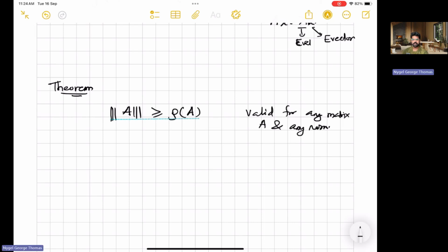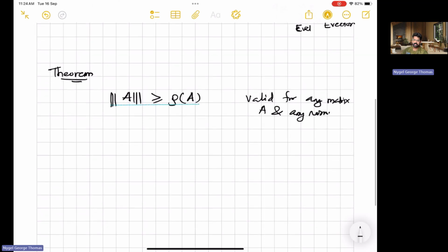Note that these are square matrices. Any square matrix, it's independent of the norm and independent of the matrix.